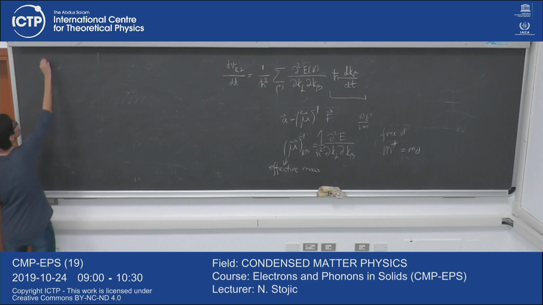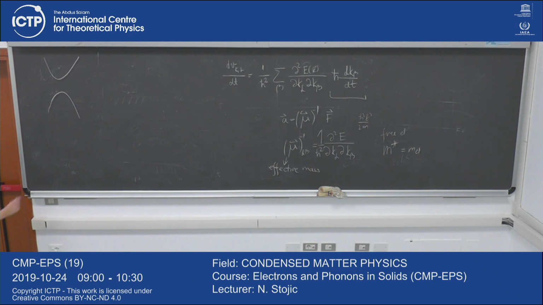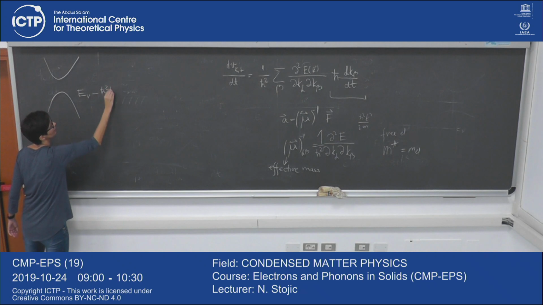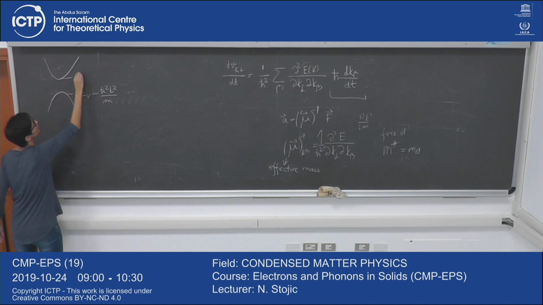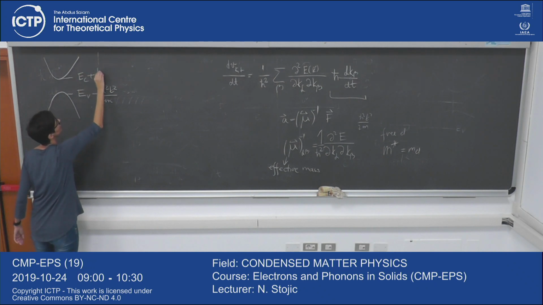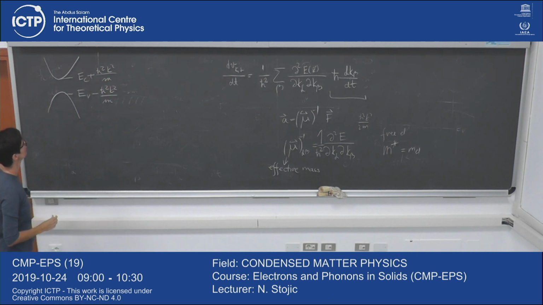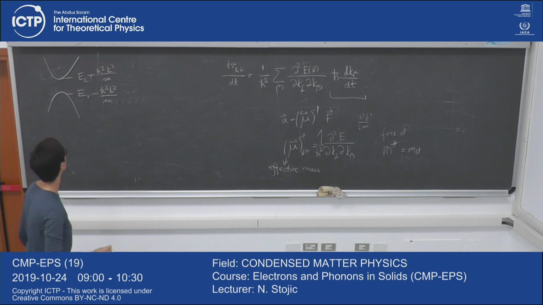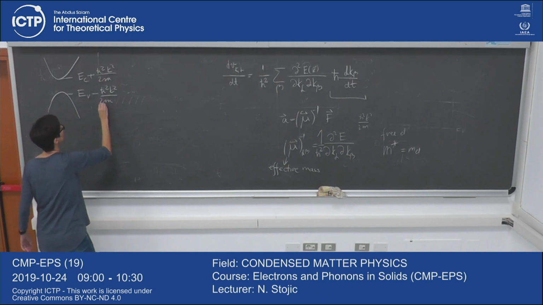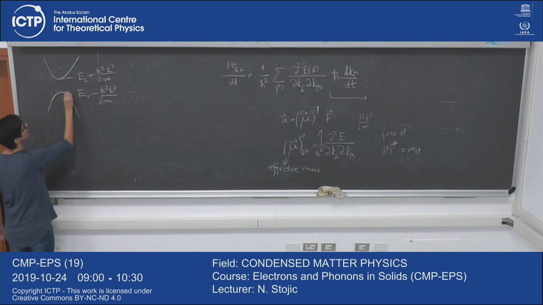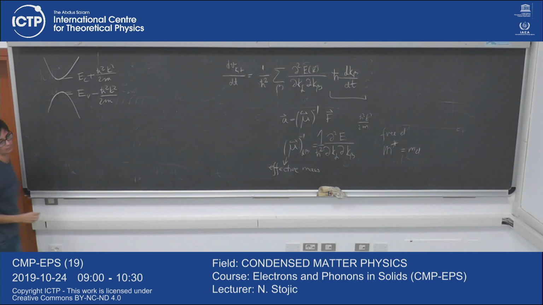So, what happens? Again, a semiconductor. Here we have the valence band, minus, assuming the free electron. Here is the conduction band, plus. This is roughly the shape.